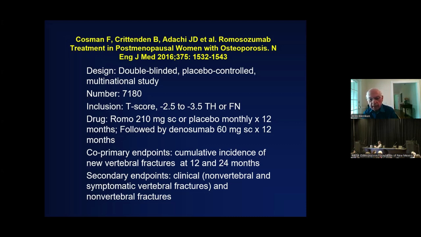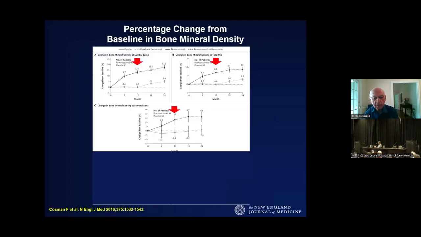The reason why it's a 1-year drug is because the drug does not have much of an effect after the first year. So this was programmed to be a transition from Romo to denosumab or placebo to denosumab. And you see the endpoints of the study.